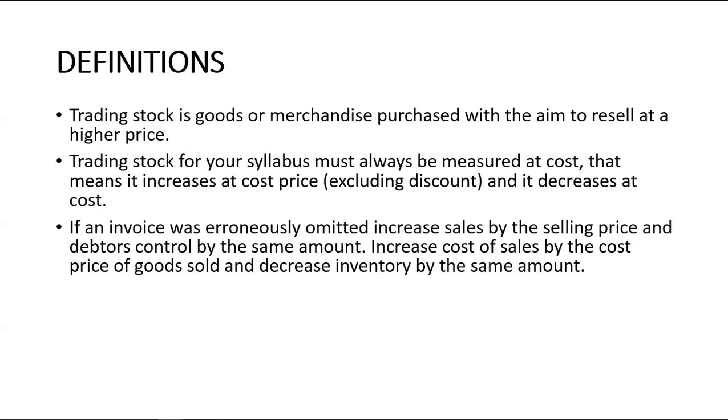That's why we will add to sales the selling price of whatever we sold, and we will add the selling price to debtors control if we sold it on credit. Cost of sales will increase at cost price and trading stock will decrease at cost price. Remember that. That is when an invoice has been erroneously omitted, meaning it was left out and not recorded. So we are simply going to record it.